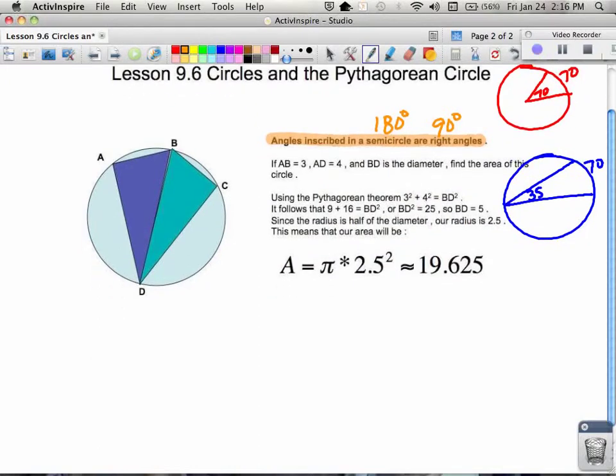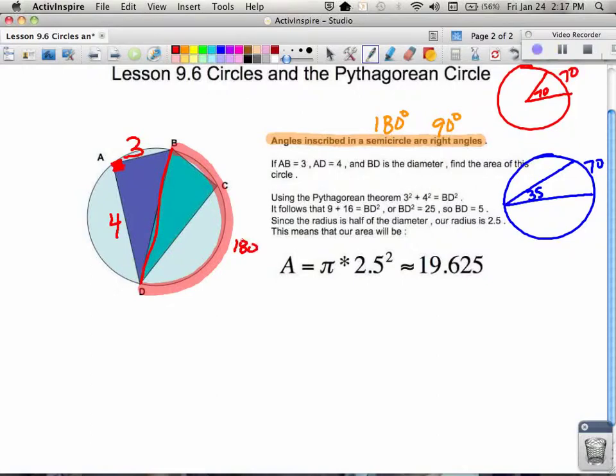In this particular picture, off to the left here, if I were to tell you that we know that AB was a 3, and we know that AD was a 4, from our Pythagorean theorem, and knowing that this is an inscribed angle that cuts off the diameter, which means that this whole arc going around from B to C to D has to be 180 degrees, we know that we have that right angle.